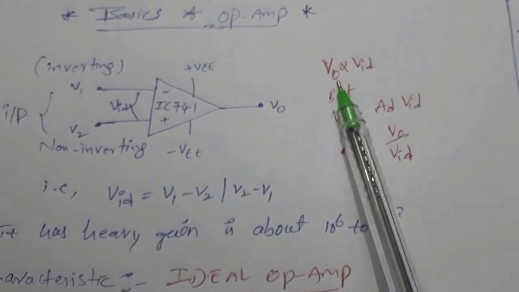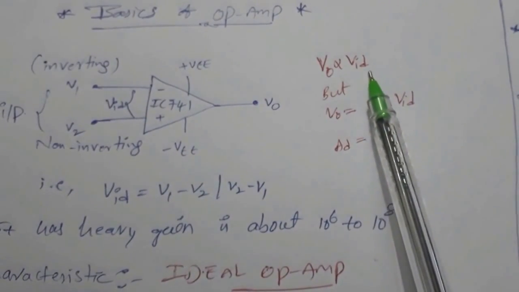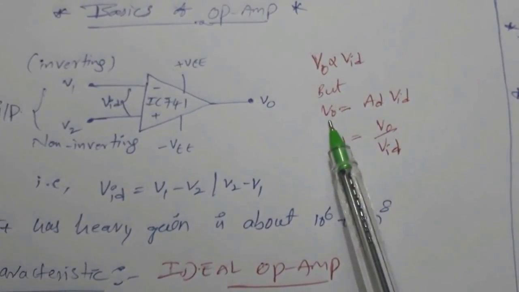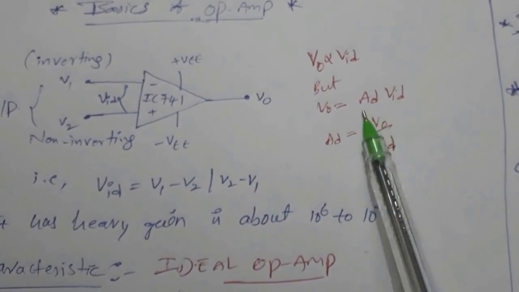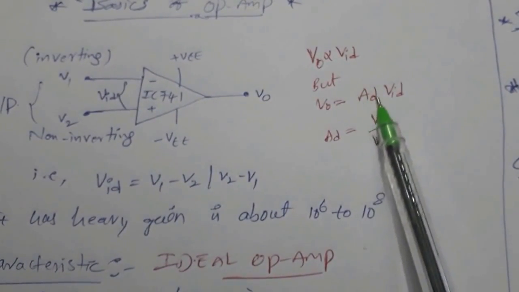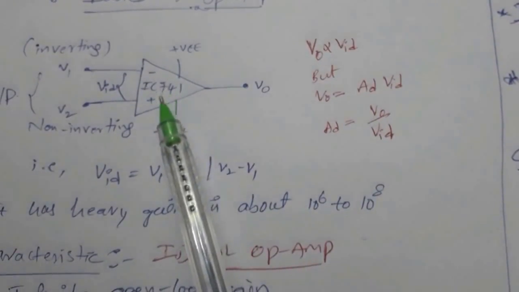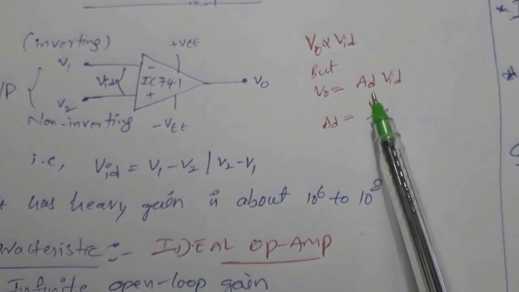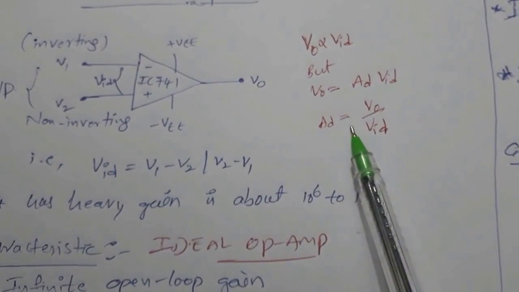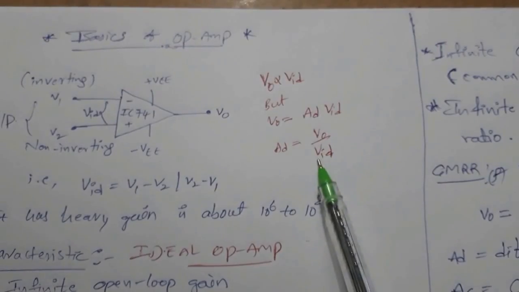We know V0 is directly proportional to VID, so V0 is equal to AD times VID. Here AD stands for the differential voltage gain of an IC 741 op amp. So from this we get AD is equal to V0 by VID.